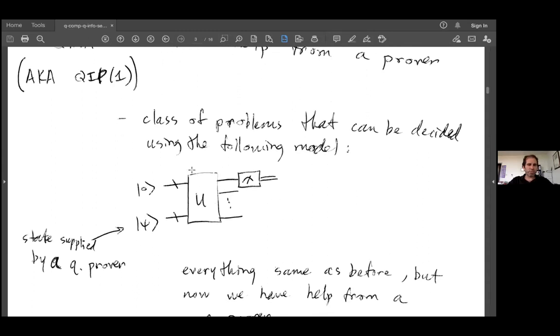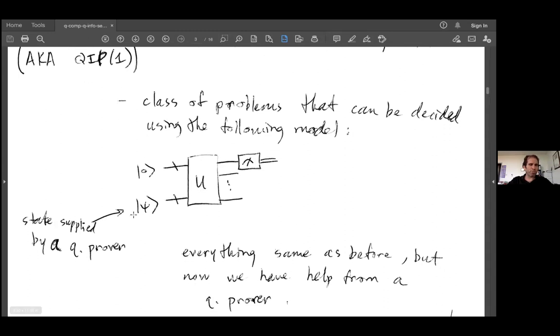It's very similar to BQP, except some of the inputs to the unitary we allow to be inputs that are fed in; we feed in a state supplied by the prover to those slots of the unitary, okay? And then everything else is the same.